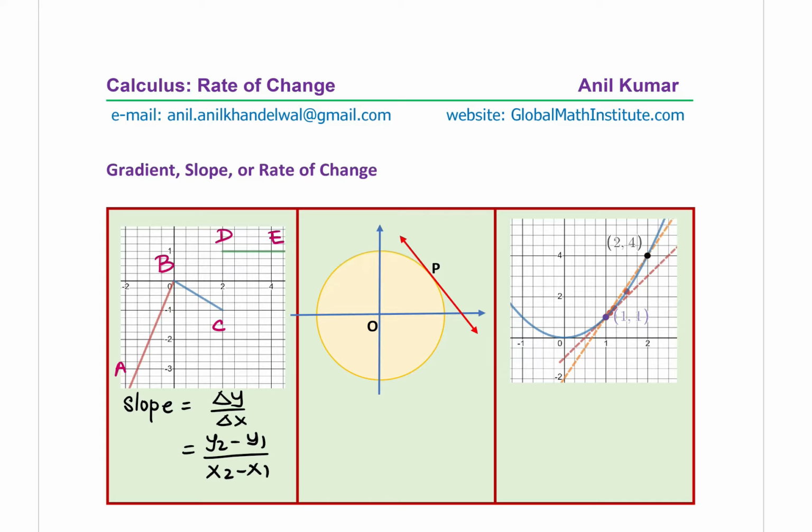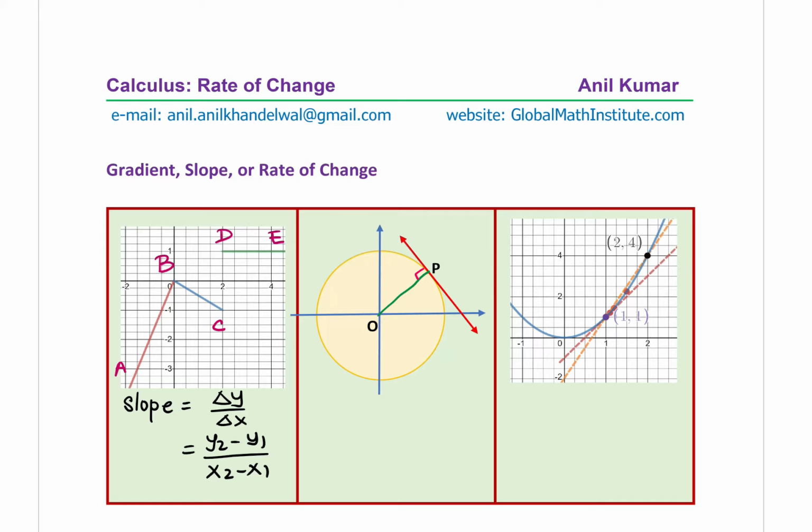Now, in case we are working with something like a circle, we know that the radius and tangent are perpendicular. So if I have a tangent at a point P as shown here, it will be at right angles to the radius.